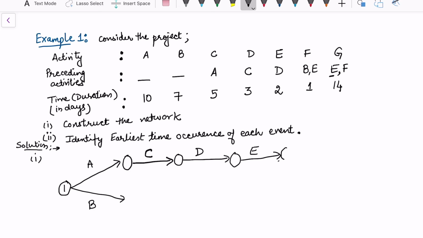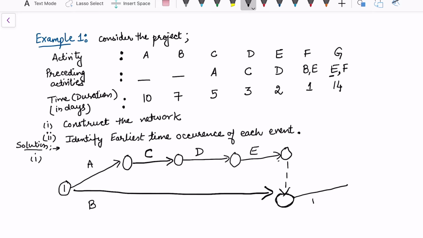So what I'm going to do is leave a dummy here, and I'm going to extend my B to this last node. So this is the activity B and it is finishing at this node, and because now at this node E and B both are finished, I can start the activity F, because F required B and E as preceding activities.